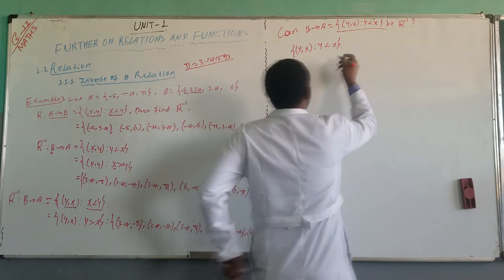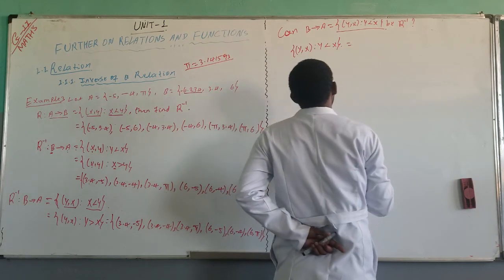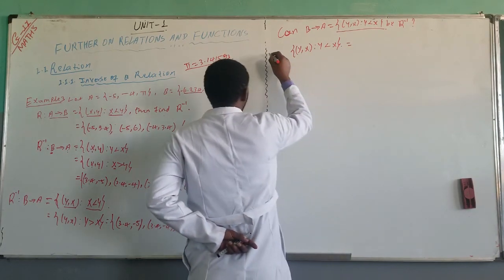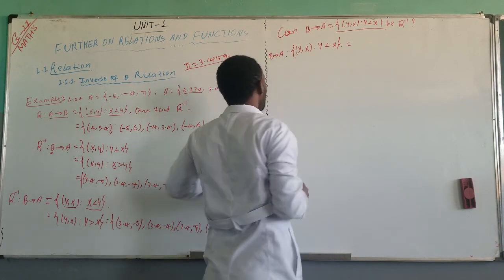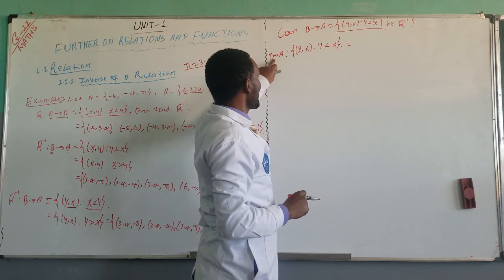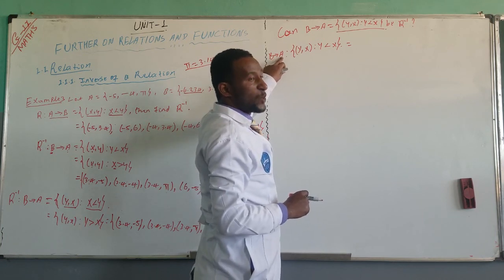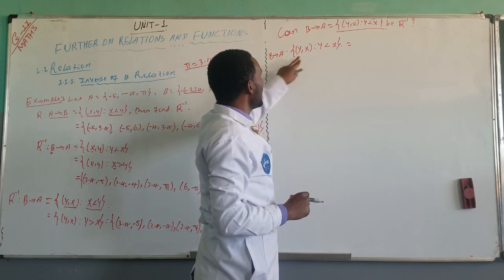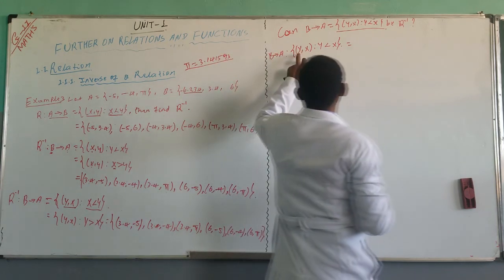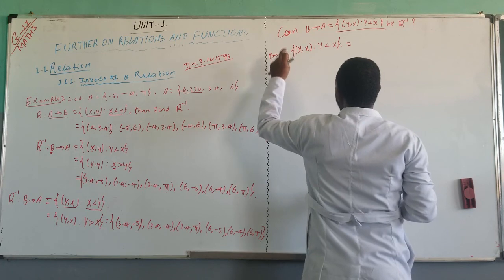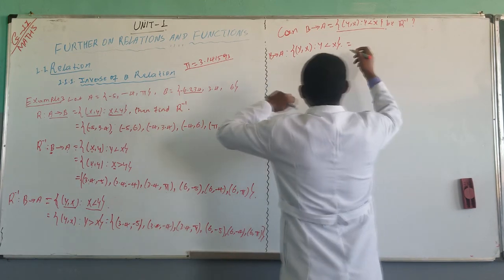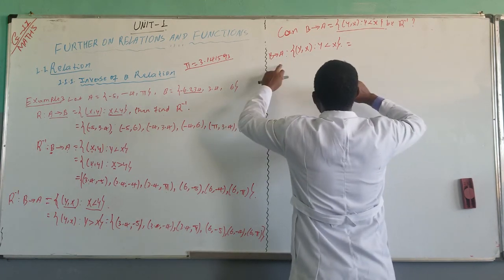Then let us write the relation from B to A. That means the first entry is from B and the second entry is from A. When we take the first and the second entry, we have to put y which is taken from B and x which is taken from A.